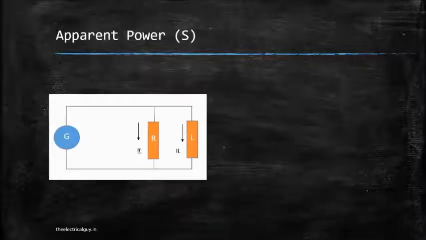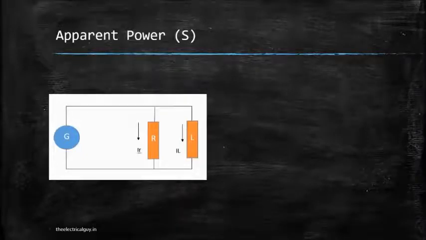Now your resistive circuit is consuming active power, right? And your inductive circuit will consume reactive power. So to combine this, we need some different nomenclature so that it will be a separate quantity.